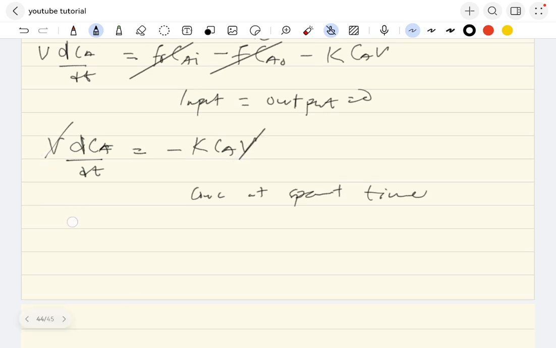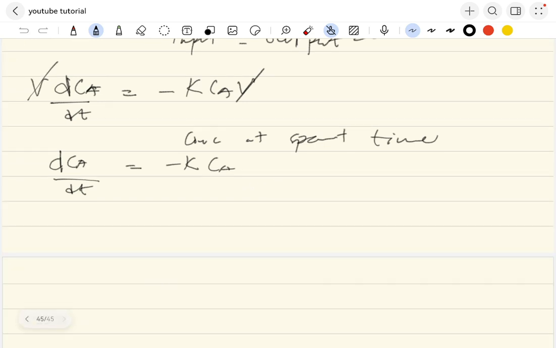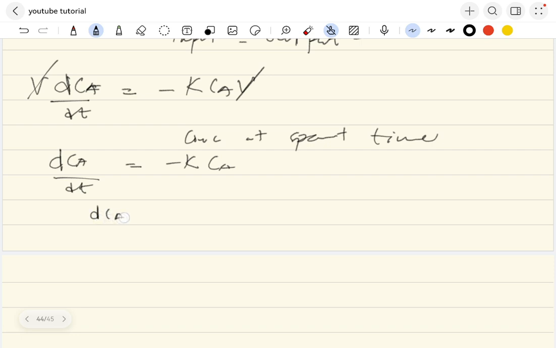So we will get dCA/dt is simple minus K CA. So from here we'll rearrange and integrate. So we will get dCA over CA, which is minus K dt. So to get the concentration at some specific time that we are going to leave the reaction to take place.